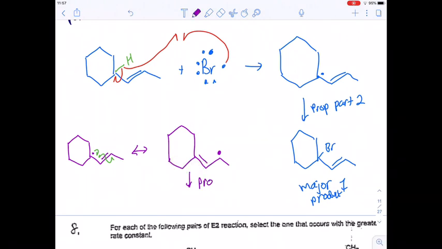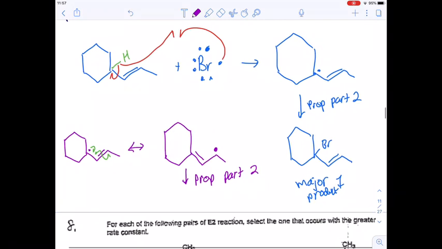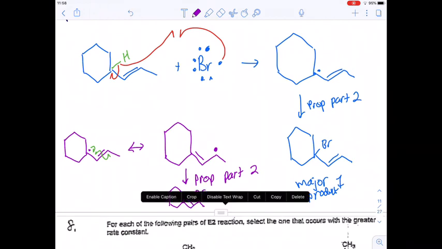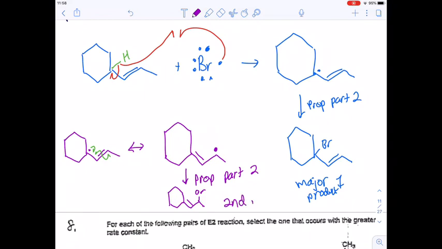So this will give you major product number 2, because now a Br can also add to this radical. So I'm going to call this propagation part 2, because that's what's going to occur here. And then this will give you this answer.